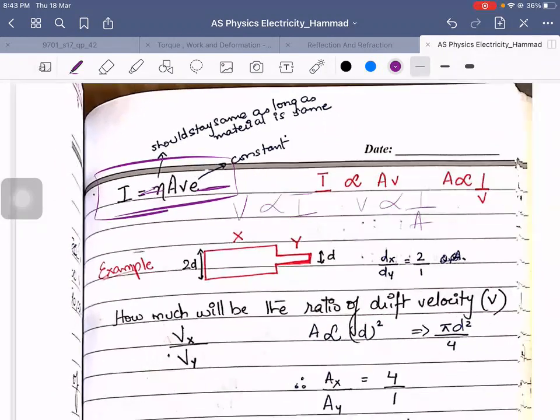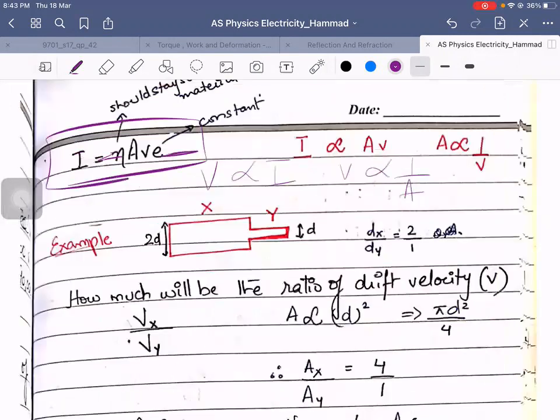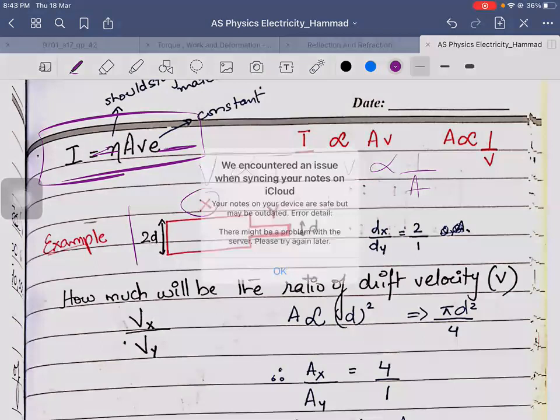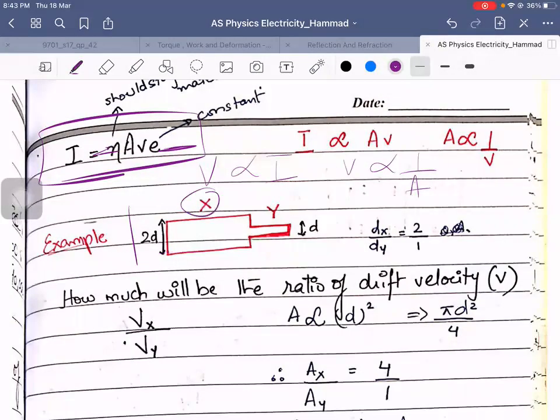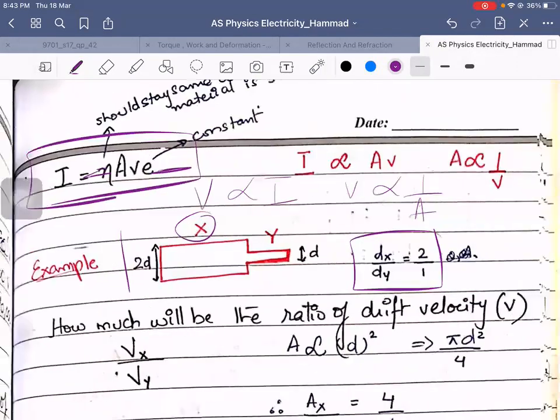Let's say, for example, if I had a conductor, the conductor had its cross-sectional area decreasing such that initially X had a diameter of 2D and Y had a diameter of D. They gave you the diameter ratio as 2/1. They're asking you what will be the ratio of the drift velocity, so they want Vx upon Vy.